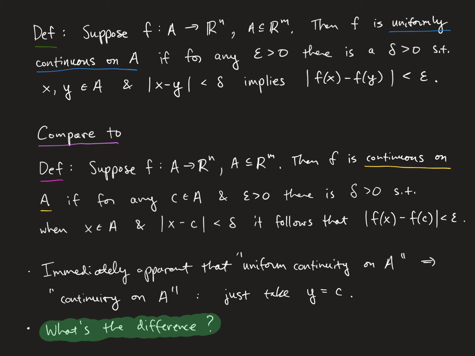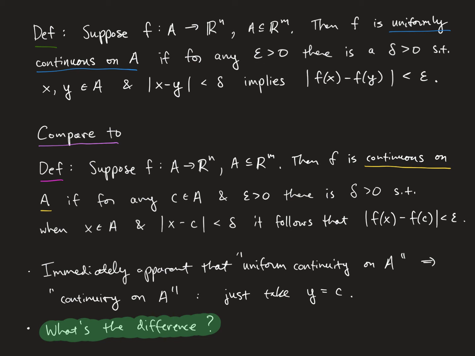In the definition of continuous, you're given c and epsilon, whereas in the definition of uniformly continuous, you're only given epsilon. So in continuity, your delta is responding to a given c and epsilon. In uniform continuity, your delta is only responding to epsilon.